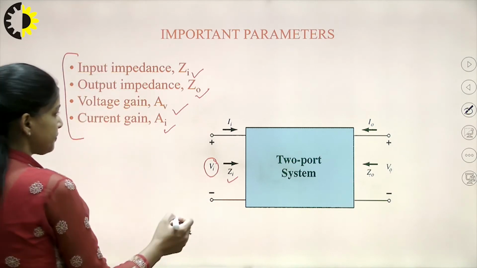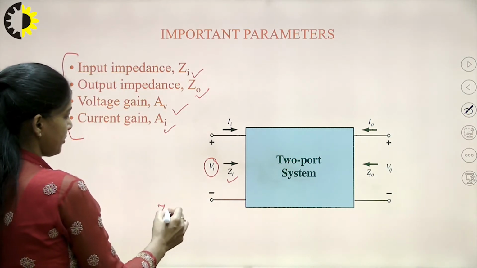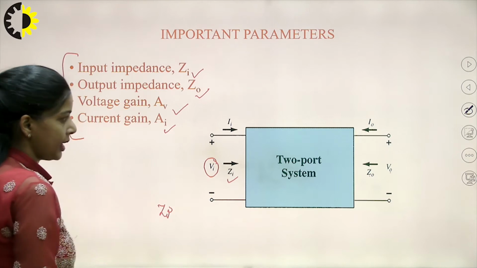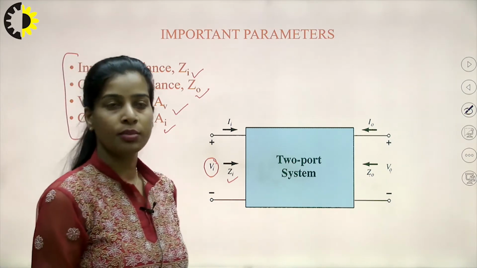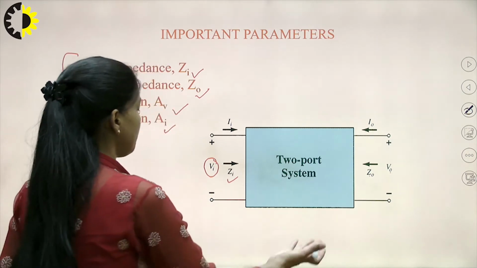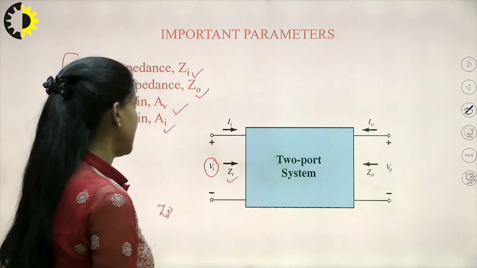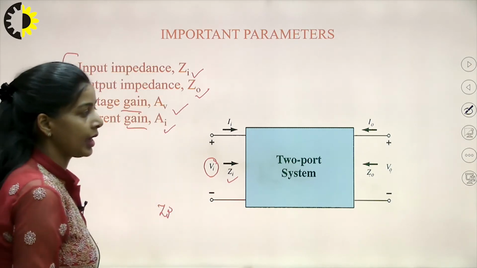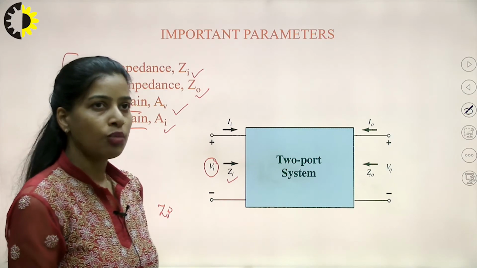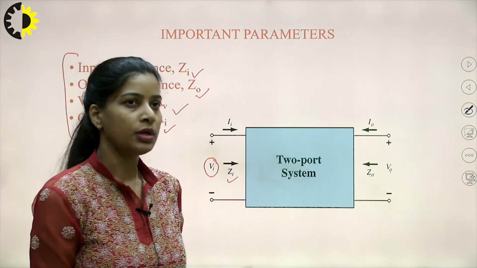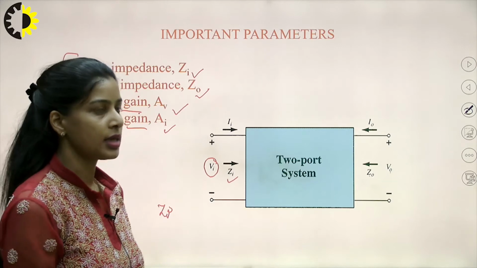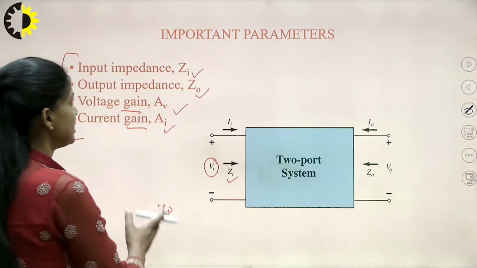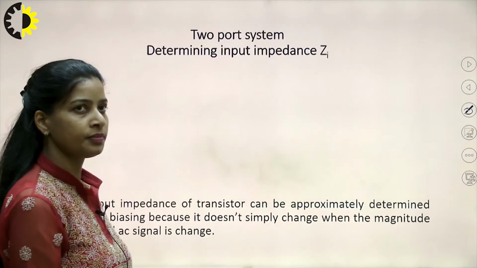We need to find the value of Zi, the input impedance seen from the input side, and the output impedance from the output side, and we can find voltage gain and current gain by calculating the output voltage and input voltage and the output current and input current. We will see all that one by one.